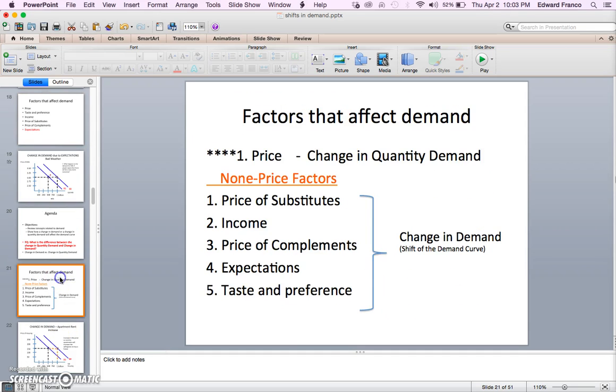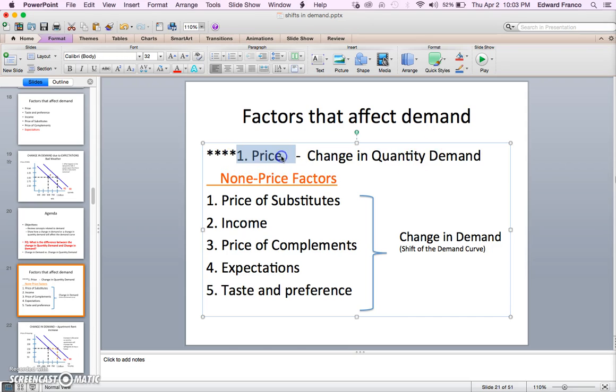So once again, a change in quantity demand is brought about by price. Change in demand, or the shifts of the demand curve, is brought about by the non-price factors. The price of the substitutes, the price of the other product, income, the price of a complementary good, complementary goods are products that are used together, consumed together, expectations, and taste and preference.